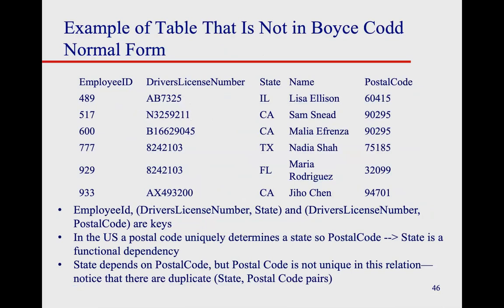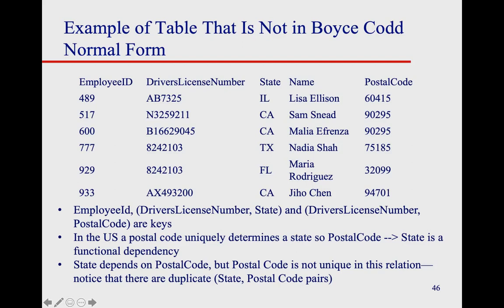table is in third normal form, but is not in Boyce-Codd normal form. So it's giving employee information, their driver's license, state, the name, and the zip code where they reside. And so in this case, the employee ID is a candidate key.